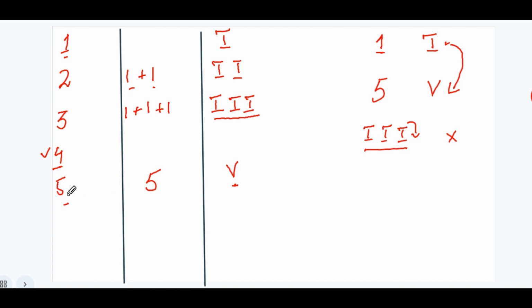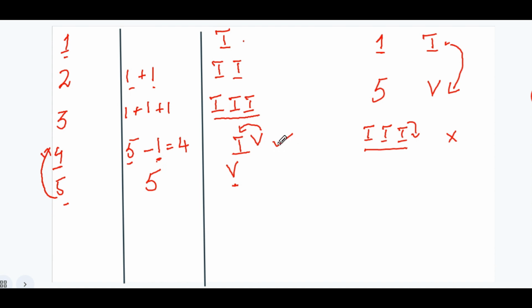To find your 4, you need to go back, right? Going back means 5 minus 1 will give me 4. 5 is V and 1 is I. So I need to go back. It means where will I write my I? Here at the back of V. So this is now your 4.